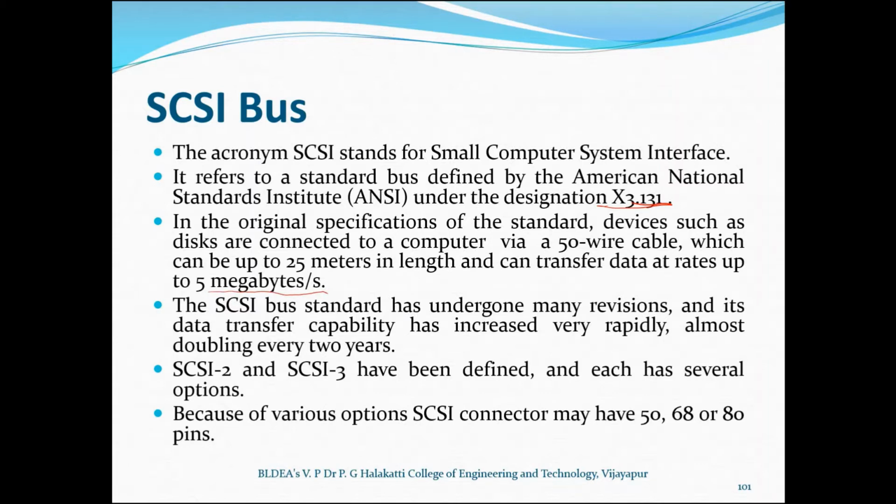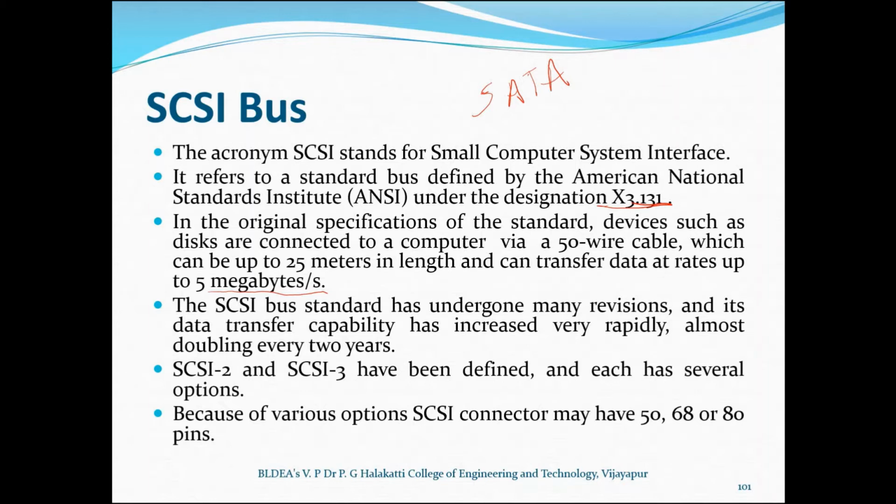In modern computers, SCSI is replaced by SATA. SATA stands for Serial Advanced Technology Attachment. A SCSI bus may have 8 or 16 data lines.